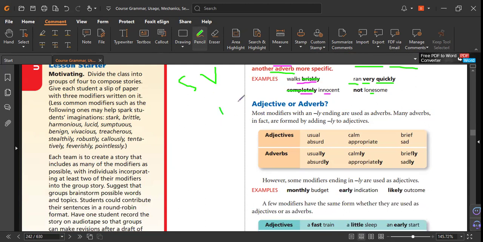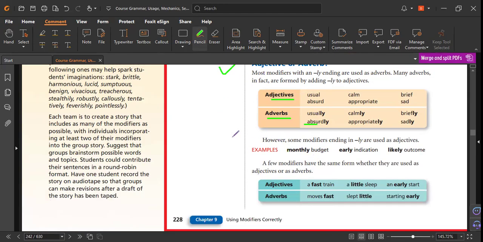Of course, here they want to tell you about the form, the letters, or the spelling of the adjectives. Sometimes when we find adjectives, we add ly to make adverbs. And if you delete the ly, it becomes an adjective again. This is okay.